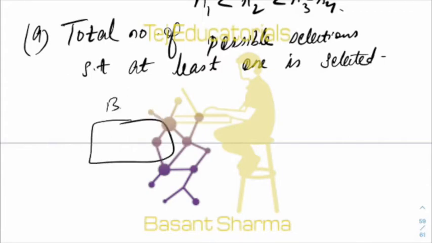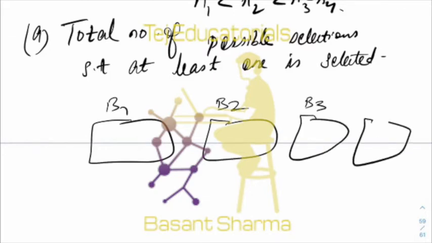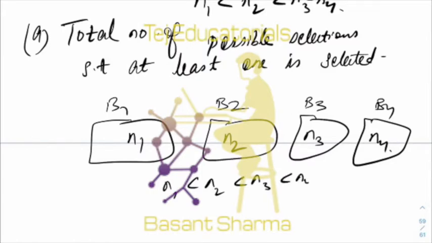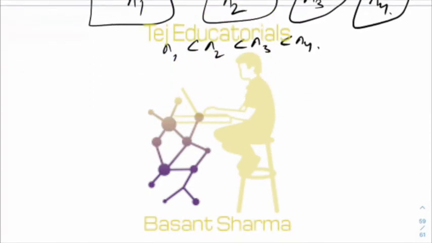This is bag B1, this is bag B2, this is bag B3, and this is bag B4. This has n1 identical objects, this has n2 identical objects, this has n3 different objects, and this has n4 different objects. And it is given that n1 is less than n2 is less than n3 is less than n4.